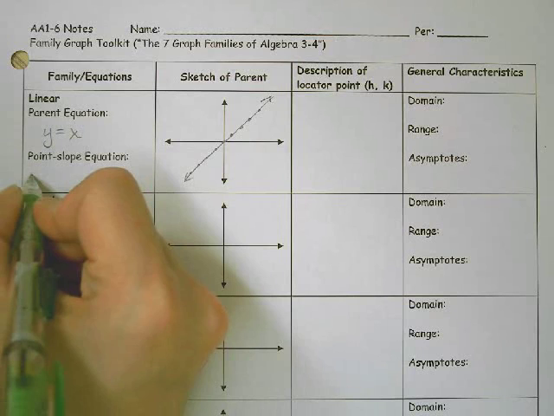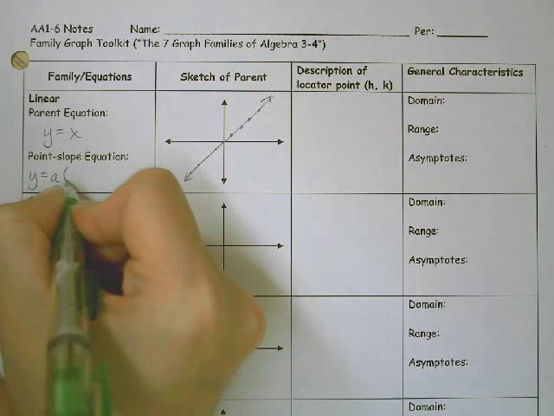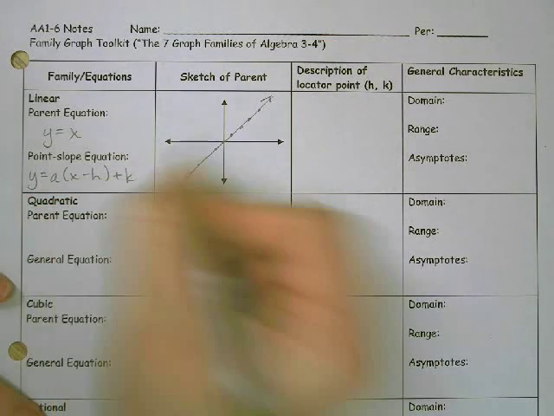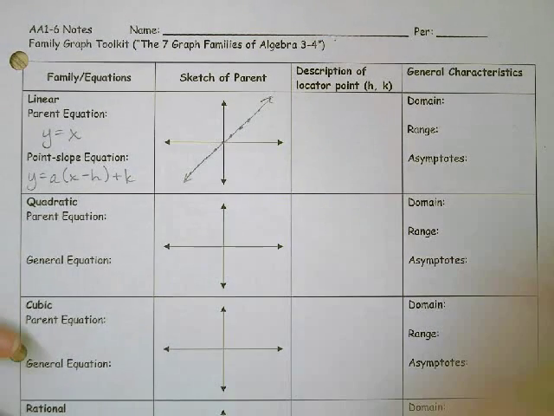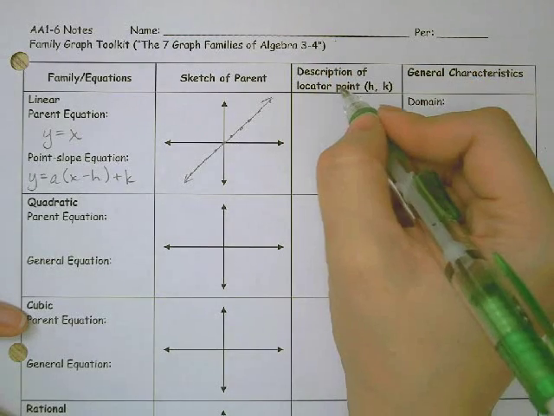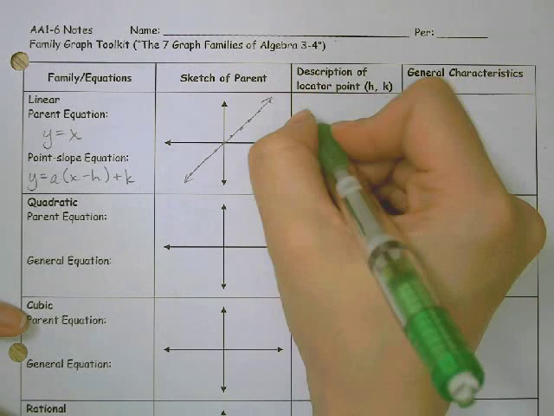The point slope equation of this is y equals a times x minus h plus k. That's also called the point slope equation, or the general equation. And in that particular one, hk is our locator point; hk can be any point on that line.